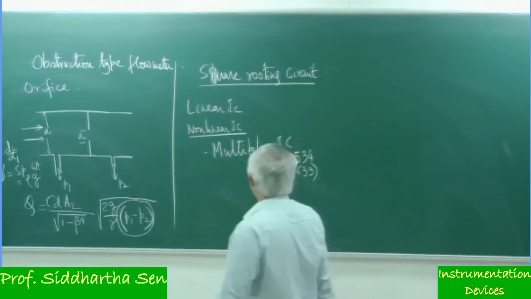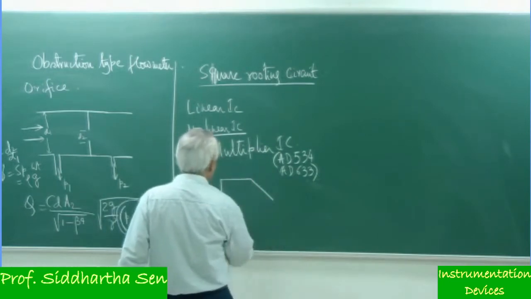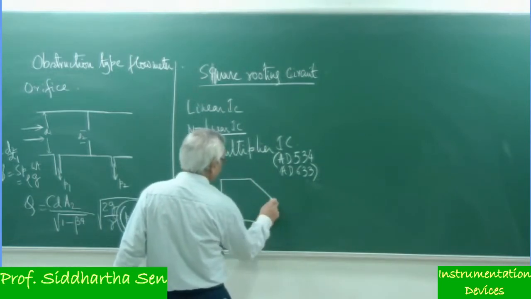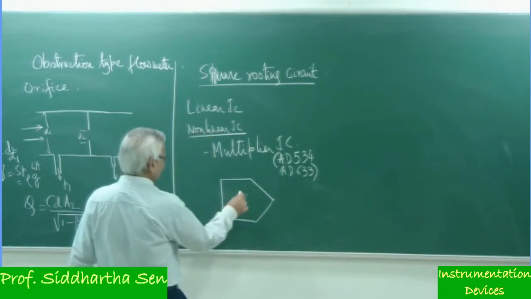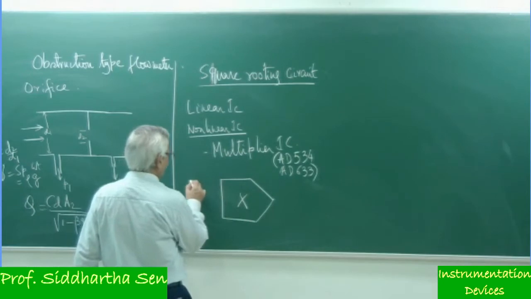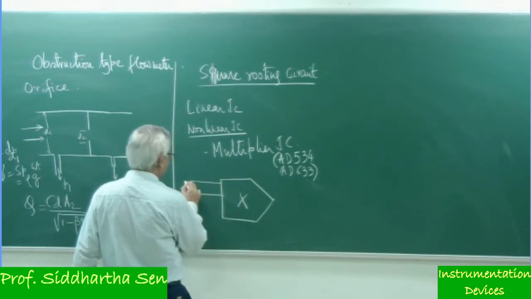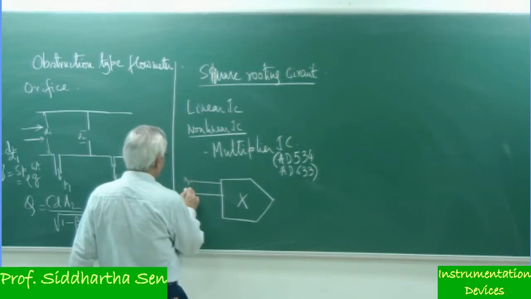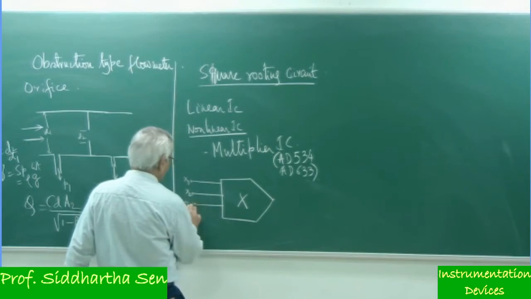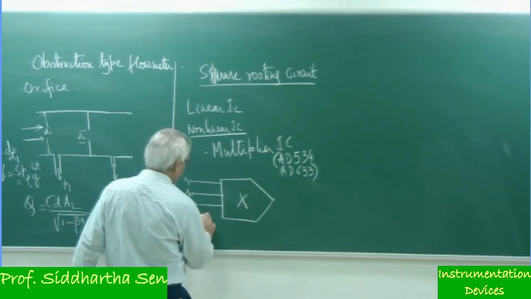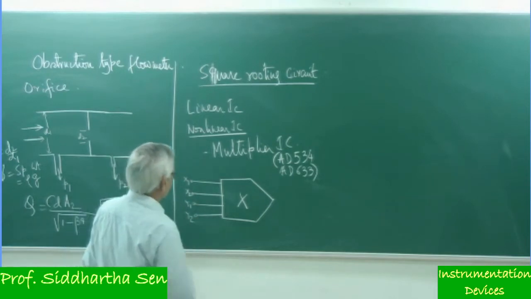What is the representation of this multiplier IC? It is like this. X means it is multiplying two signals. Here there are a few input terminals, X1, X2, Y1, Y2, all floating inputs.